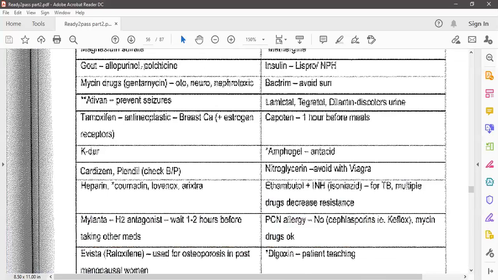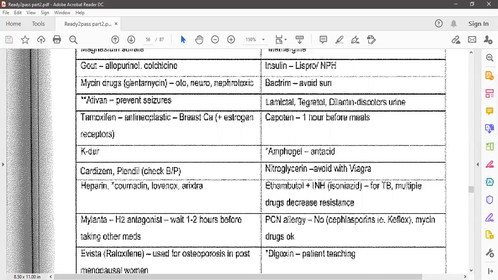Colchicine has some side effects, okay? Like they cause skin rash or diarrhea, nausea, or change in liver function. So hepatotoxic. As I told you, colchicine is the drug of choice for gout.